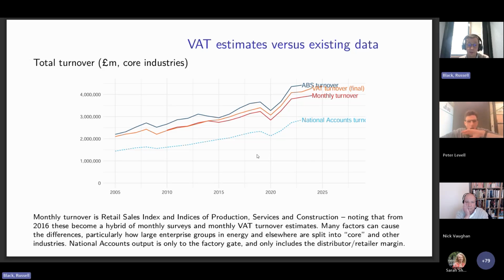Essentially it shows the VAT turnover does line up more or less well with what the ONS is already getting from the monthly business survey, the monthly retail sales index, and other sources. The industry coverage changed a small bit, which is what's mainly driving this difference in these lines here. And already the annual business survey isn't exactly agreeing with the ONS's monthly business surveys, for example.